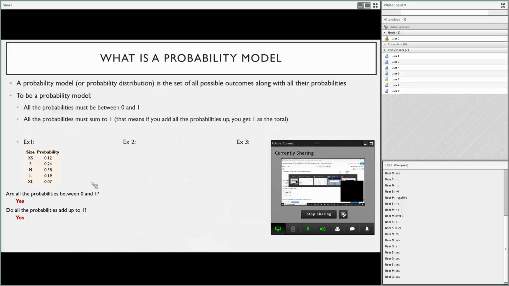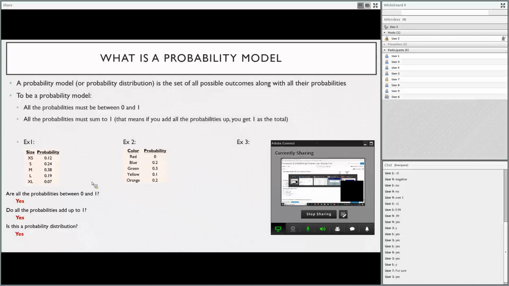So yes, they do. If you throw all those numbers into your calculator and add them all up, you will get a sum of 1 at the end. So since we answered yes to both those questions, is this a probability distribution? Yes, it is. All we have to do is meet those two criteria and then it will be a probability distribution. So let's try the next one.